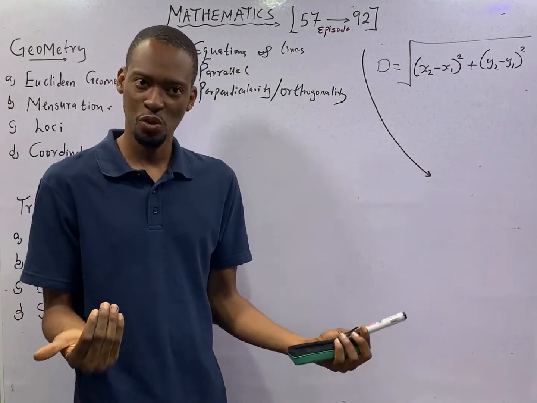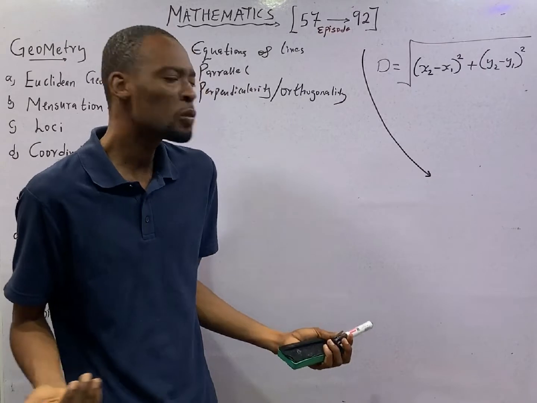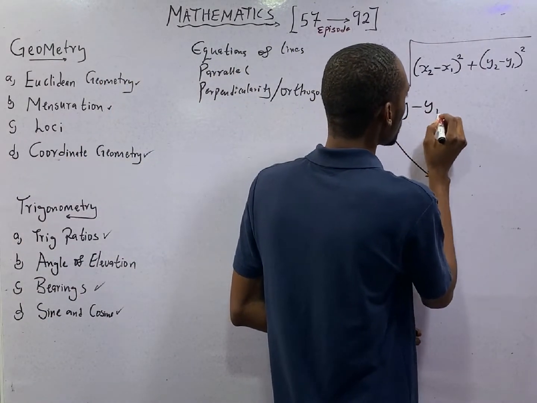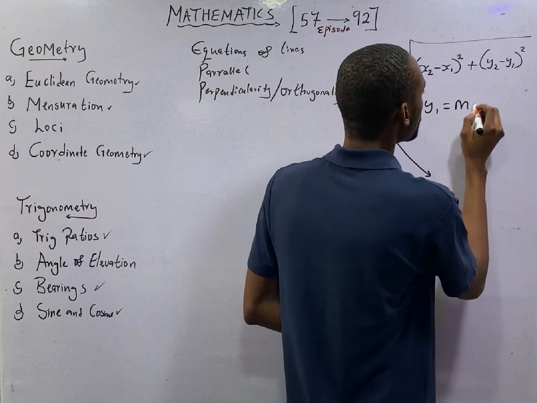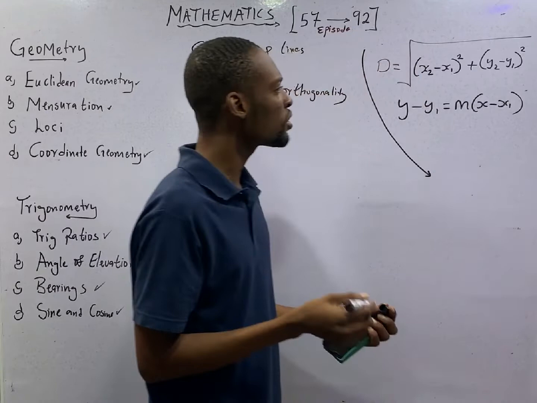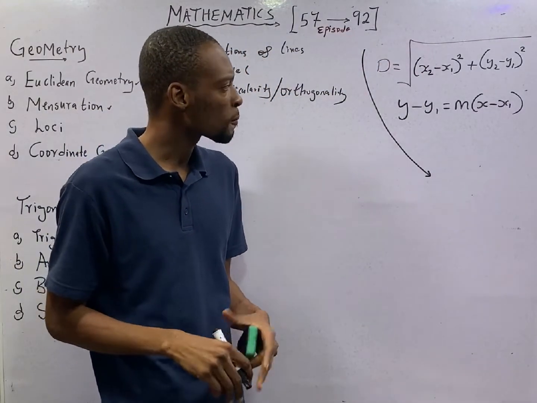When it comes to coordinate geometry, if you are looking for equation of line, this formula should do: y minus y1 is equals m times (x minus x1). Your equation of line will always be in form of x and y.